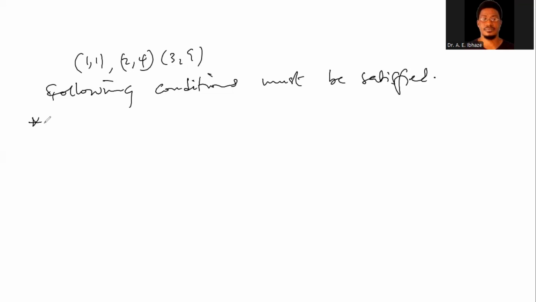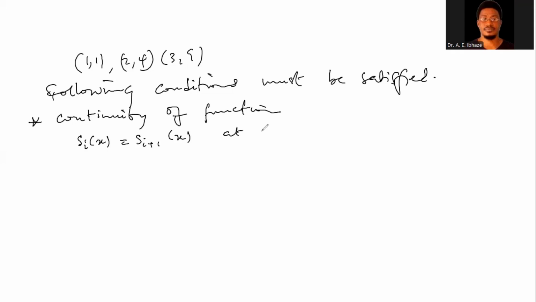The first of which is the continuity of the function, such that S sub i of x must be the same as S sub i plus 1 of x at each knot point. And this is to ensure the spline is continuous at the points.